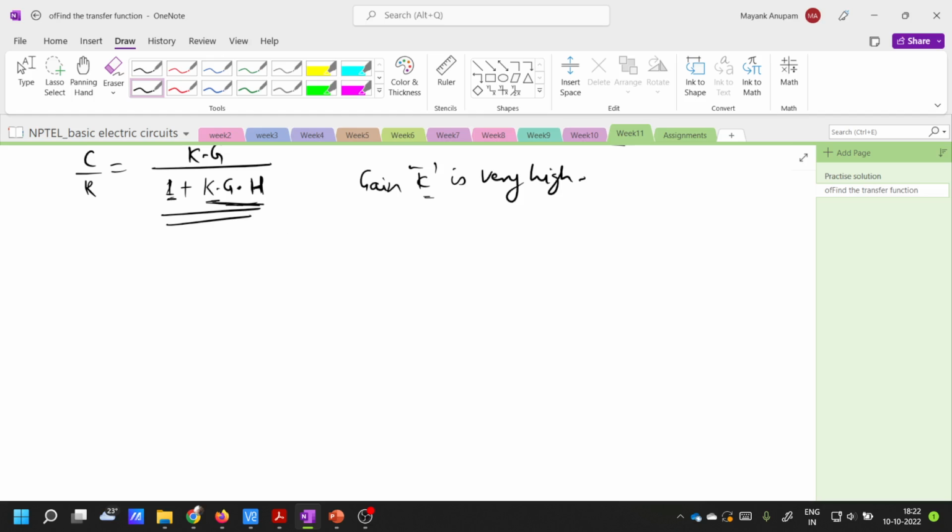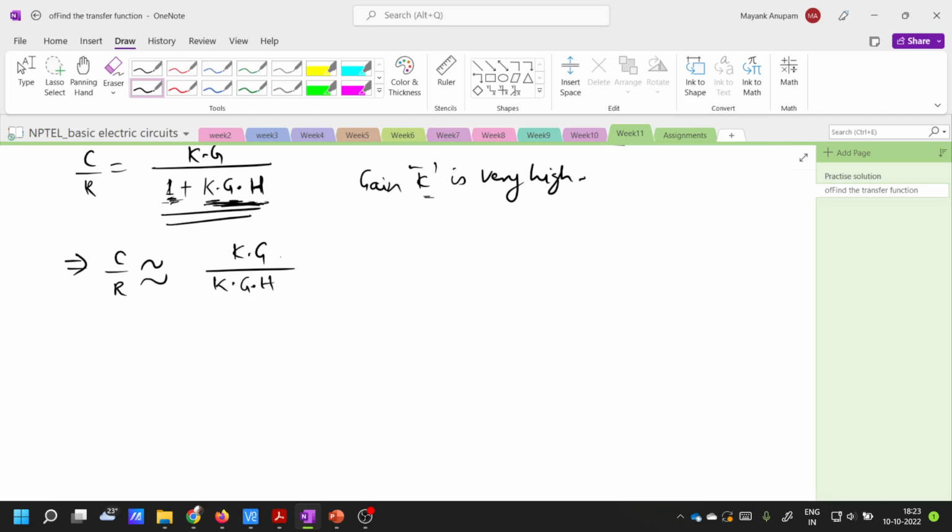In this case, I am adding a small number to a very large number. Since 1 is very small compared to this large number, I can safely ignore this addition. Even if I do not add 1, it will not be much of an error. So this can be rewritten as C by R approximately equal to K into G divided by K into G into H.